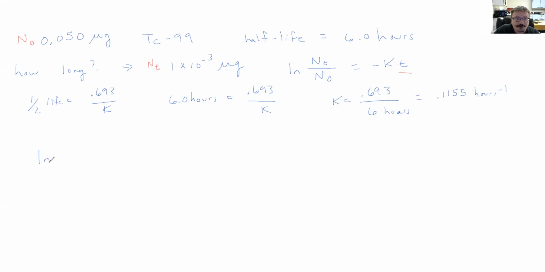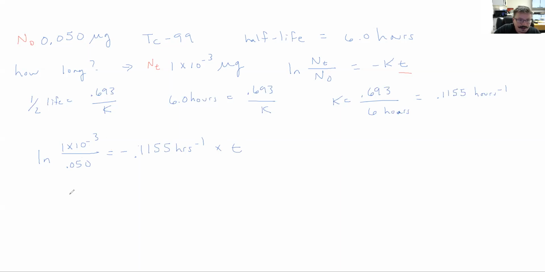So we're going to have the natural log of 1 times 10 to the negative 3 over 0.050. It's going to equal negative 0.1155 per hour times t. So start with our ratio there.